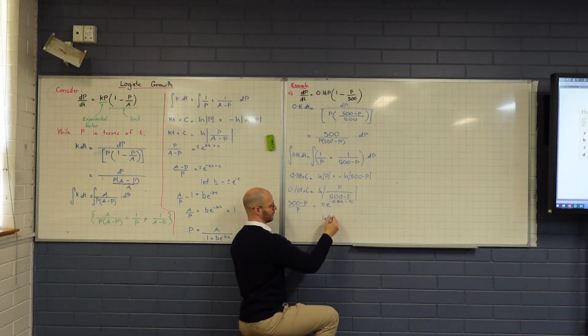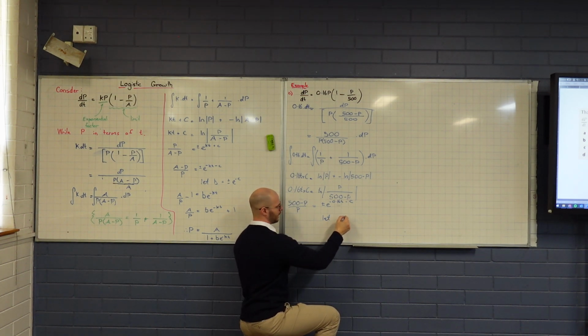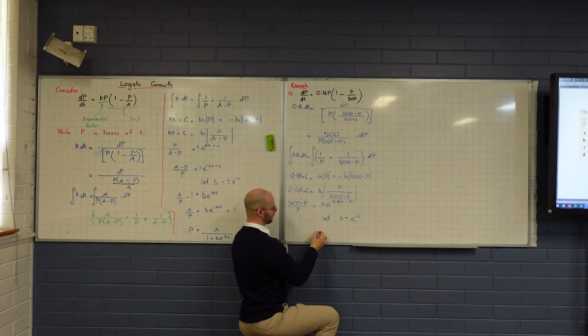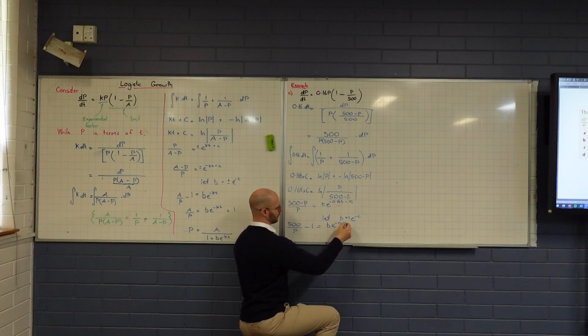We let B equal e to the negative C. Hence, what we're going to get is 500 over P, take 1, equals B, plus or minus by the way, e to the negative 0.16t.